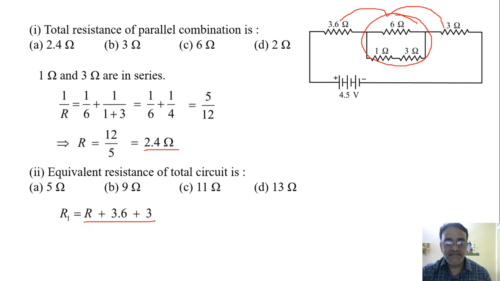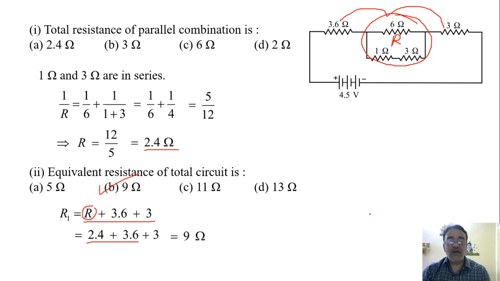Whether this is clear? This equivalent resistance R that we got is connected in series with these two resistances. So R plus 3.6 plus 3. Now substitute the value of R, that is 2.4. So these two together will become 6 plus 3, 9 ohm. So the correct option is B1.